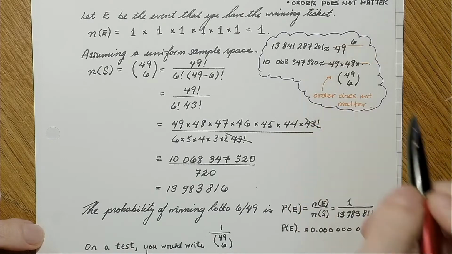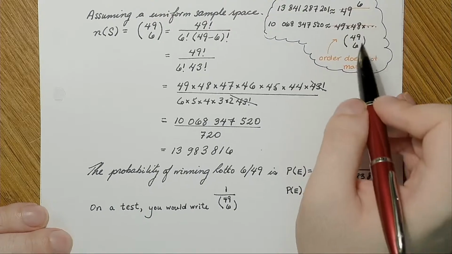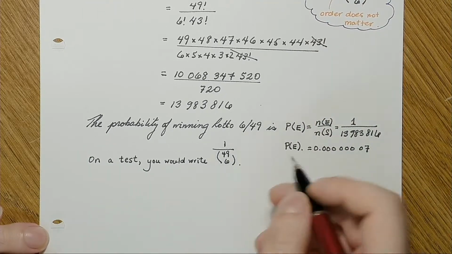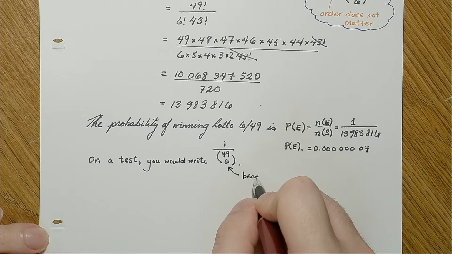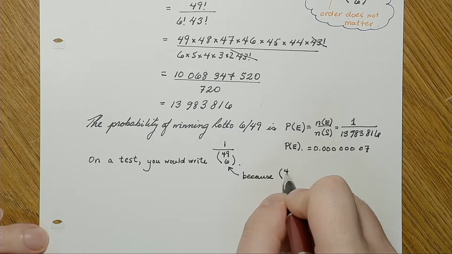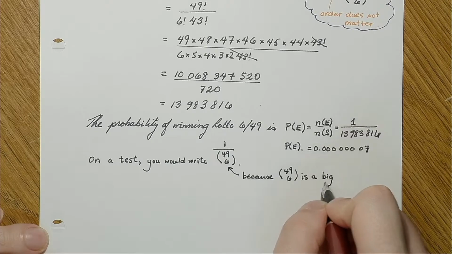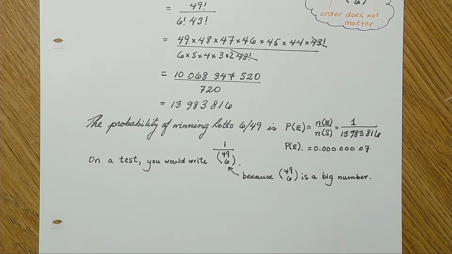So you could have 49 choose 6, 49 times 48, or 49 choose 6. Exactly. Again, because 49 choose 6 is a big number.